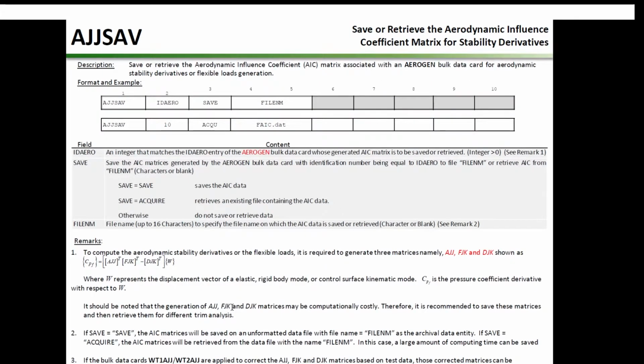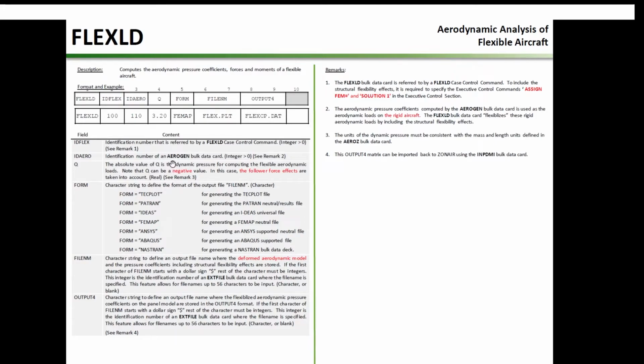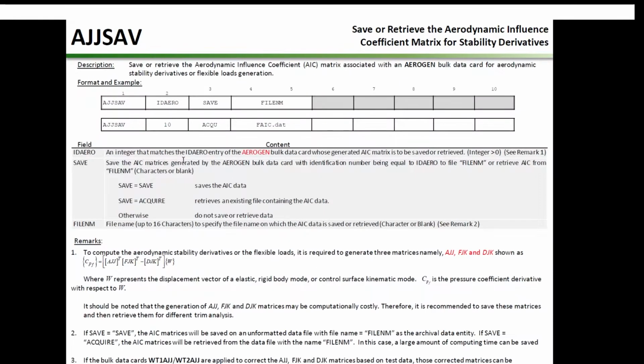And because whenever you activate FLEXLD, which refers to the AEROGEN card, the AEROGEN card will automatically generate the so-called AIC matrix. This AIC matrix actually consists of 3 matrices. We call them AJJ, FJK, and DJK.